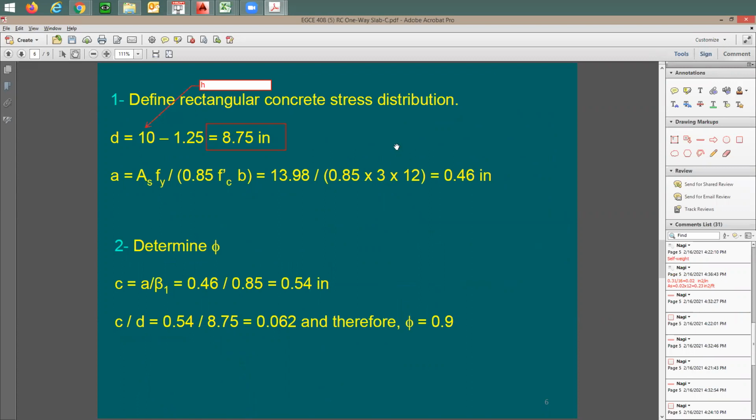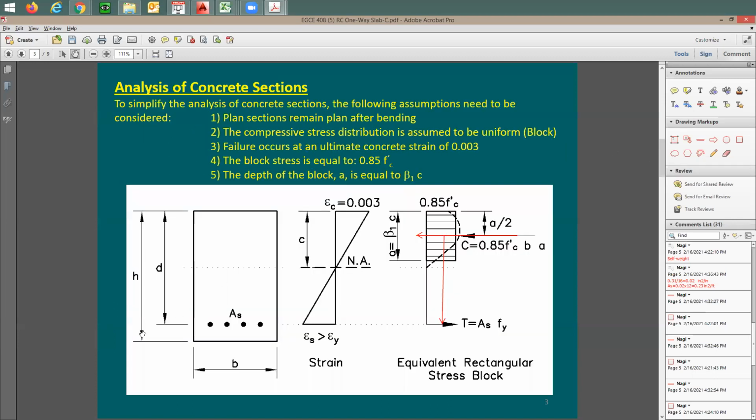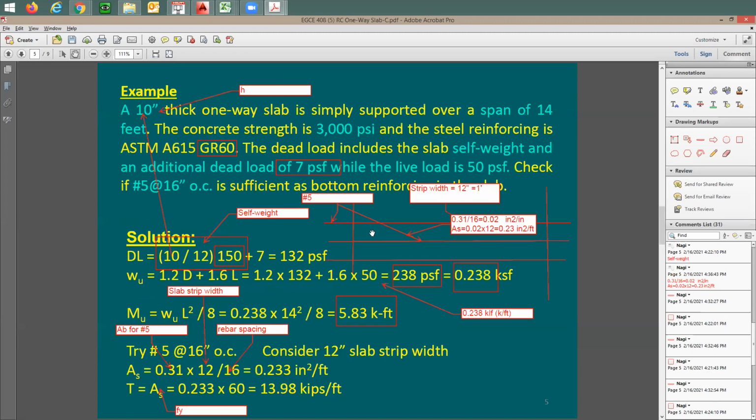Next time you see a homework or a project and you'd like to figure out the depth, just take maybe 1 1/4, maybe max 1.5 inch. Okay. And the clear cover would go from the bottom to the center of the rods. Yes, this is very similar to what we have done before, but in this case, this clear cover is going to be only 1 inch in slabs.